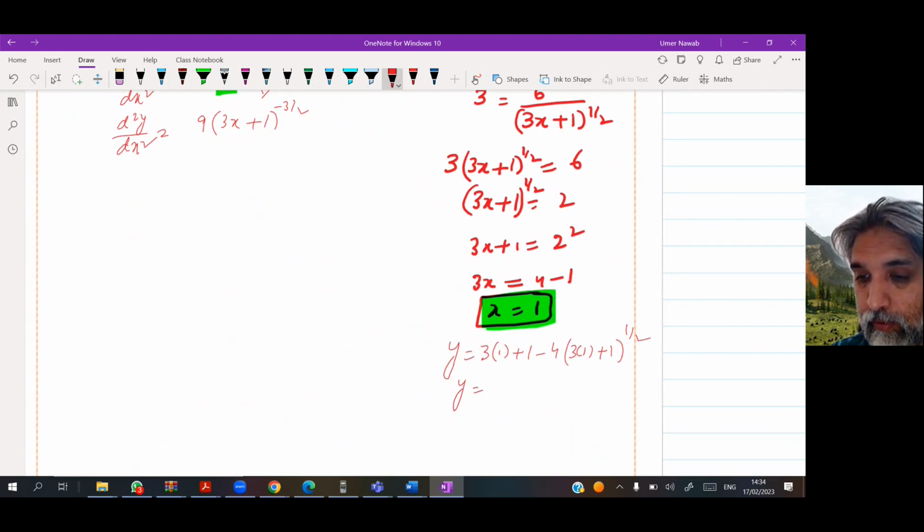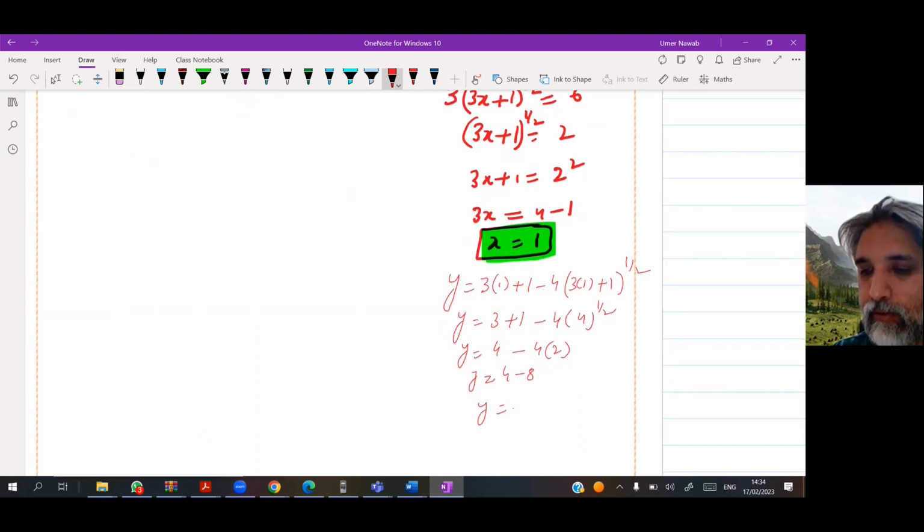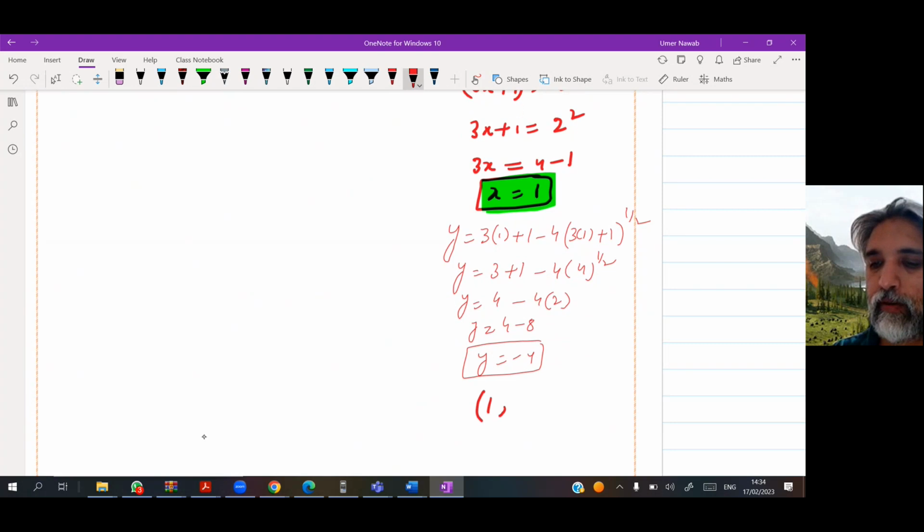Simplify. 3 plus 1 minus 4, 4 to the power 1/2. You can use a calculator. I got y equals minus 4. So hence, what is the point I found? I found (1, -4).